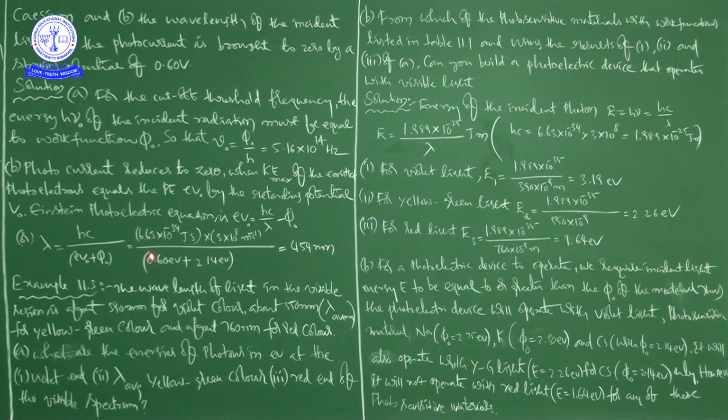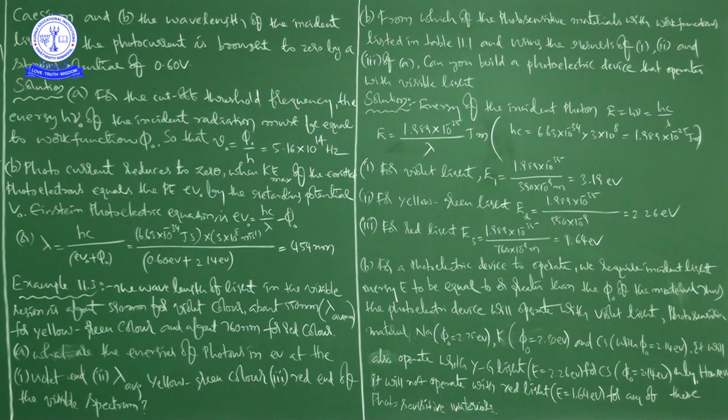It is 2.74 electron volt, and you replace it with 2.74 into 1.6 into 10 to the power of minus 19 joule. Then no problem, because everything is in SI. Finally we will get 454 nanometers. First we get it in meters, and then you can convert into nanometers.